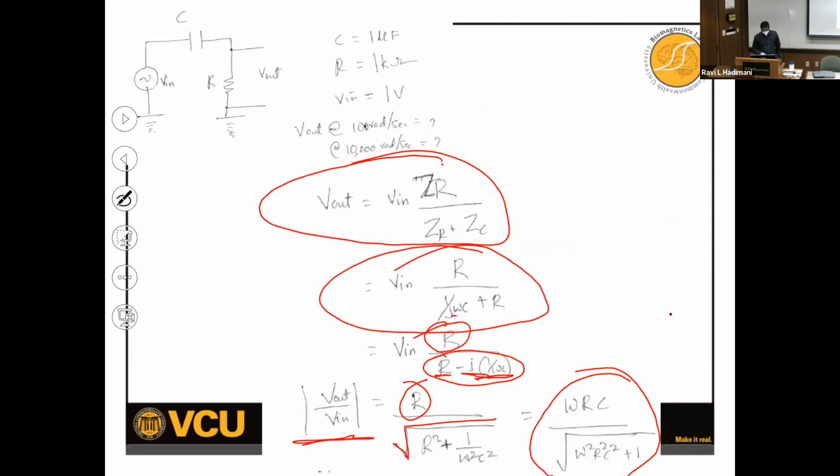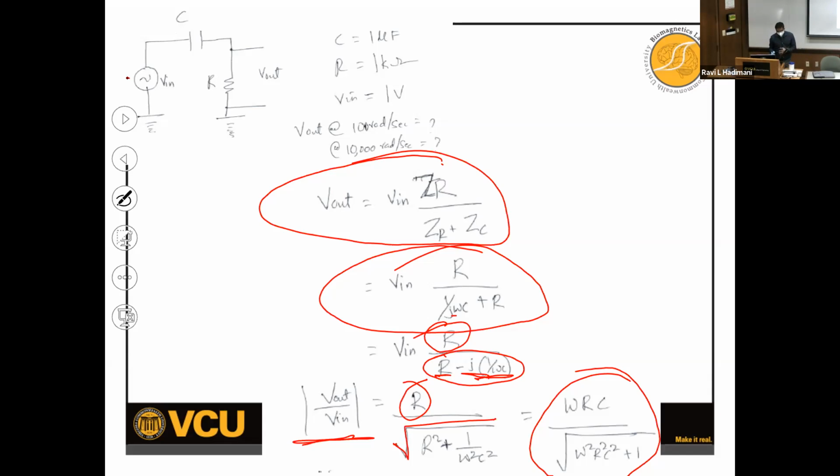So you can use this simple capacitor and resistor circuit and design it such that at low frequencies, the voltage out is almost equal to 0. In our case, at 100 radians per second we got 0.1, but if you do it for 10 radians per second, it will be closer to 0. Whereas at higher frequency, whatever you put in here, you get out here.